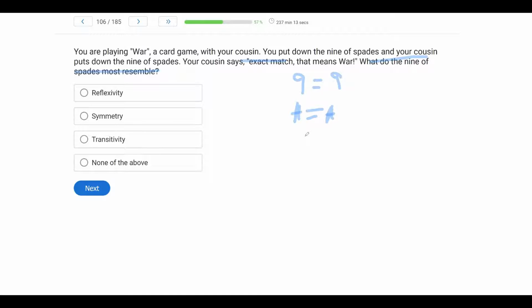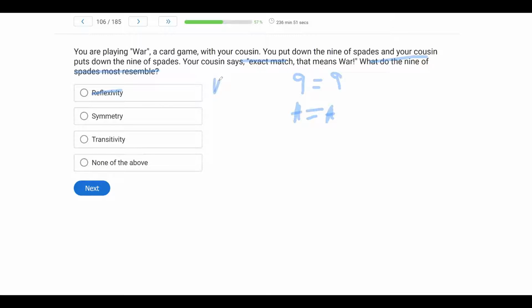And so, really, the most difficult part about our stimulus equivalence questions is understanding what reflexivity represents, what symmetry represents, what transitivity represents. So, while this isn't a traditional or conventional stimulus equivalence question, we more or less can assume, based on the information, that the nine of spades most resembles reflexivity.